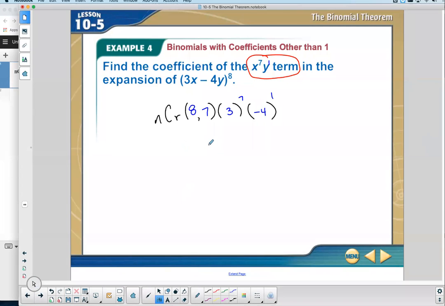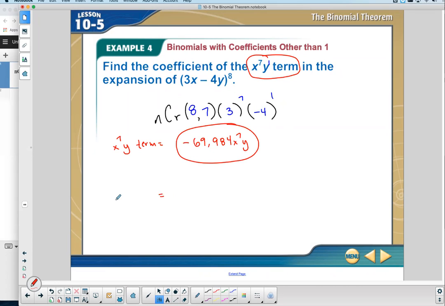So the x^7 y term is -69,984 x to the 7th y. That's the x^7 y term. But they just asked for the coefficient.